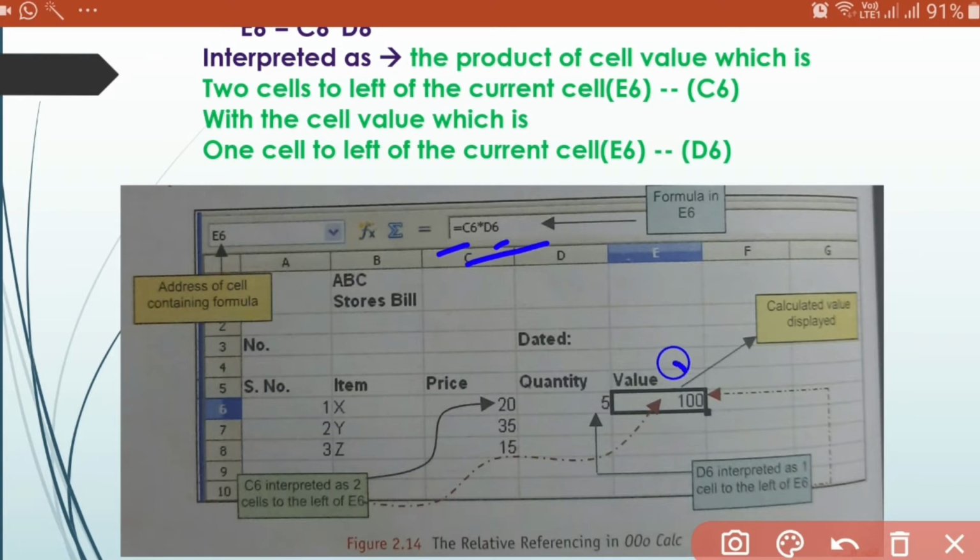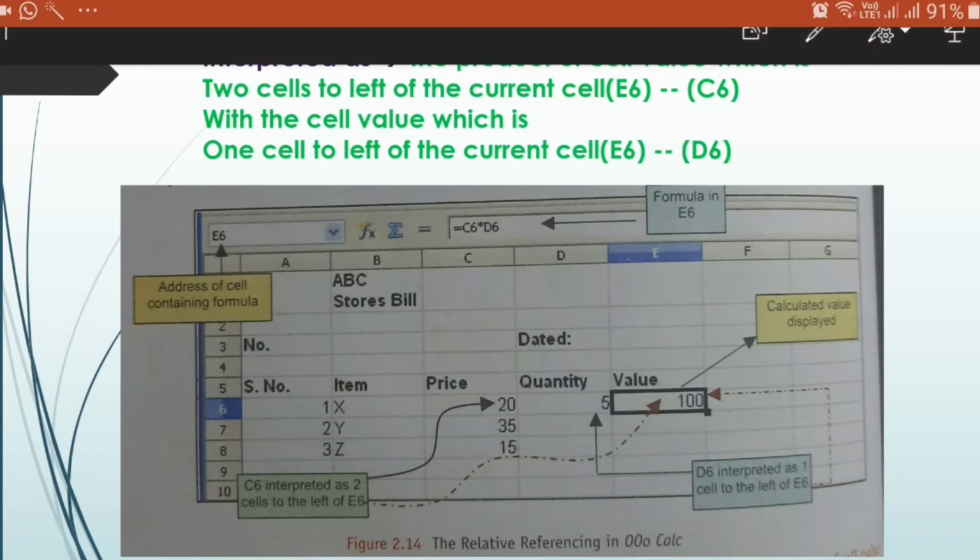Related to this cell E6, the position of the cells C6 and D6 is interpreted internally to define the formula. We can say the formula in E6 is interpreted internally as the product of the cell value which is two cells to the left of the current cell.